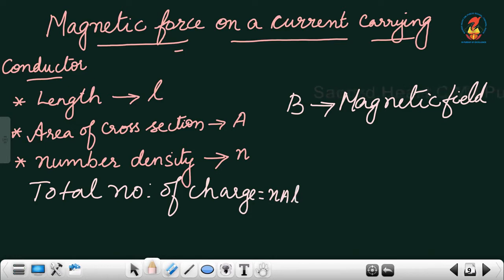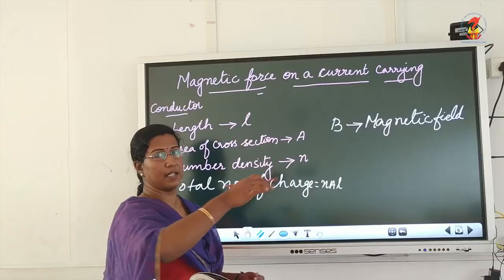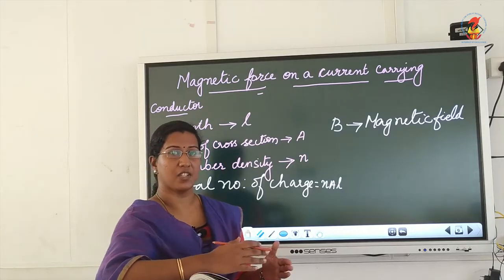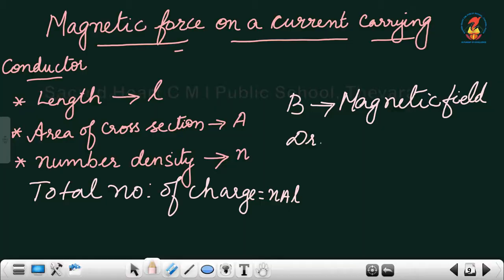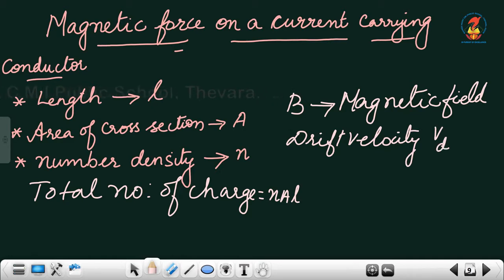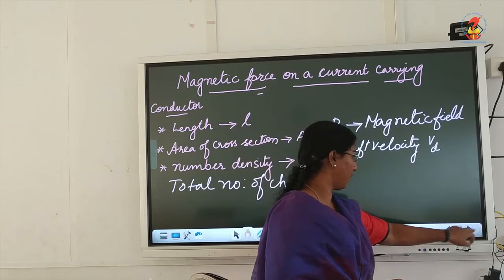n A L. I have placed this conductor in an external magnetic field and the charges are drifting with a drift velocity Vd. Now, when charges move in an external field, what happens?